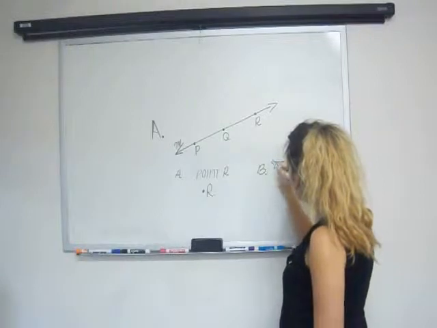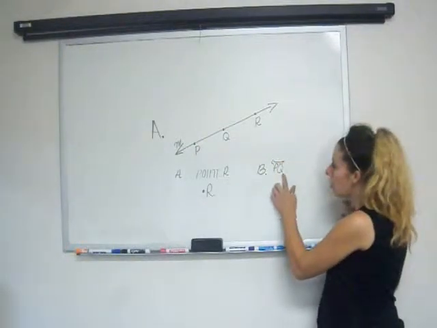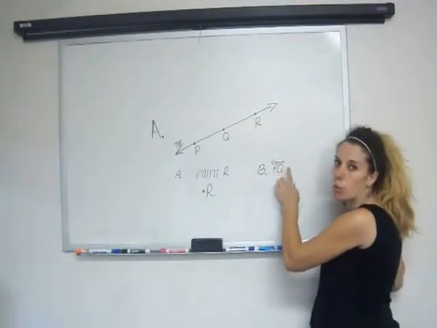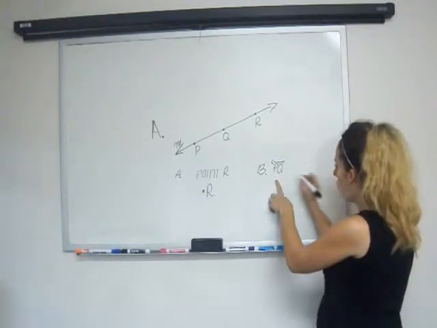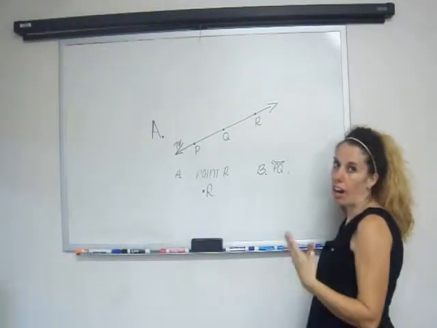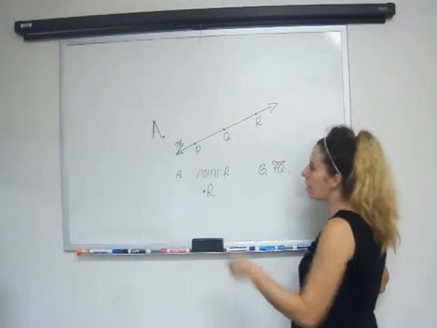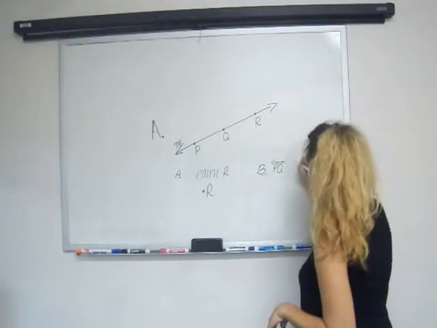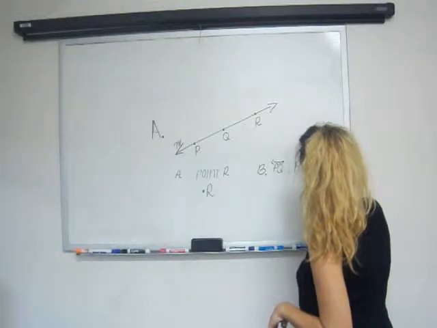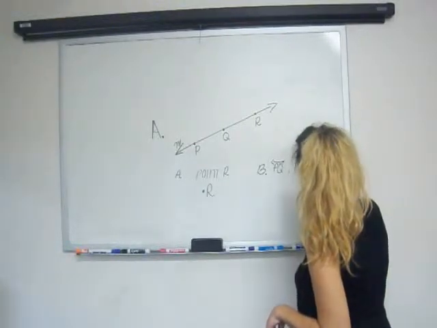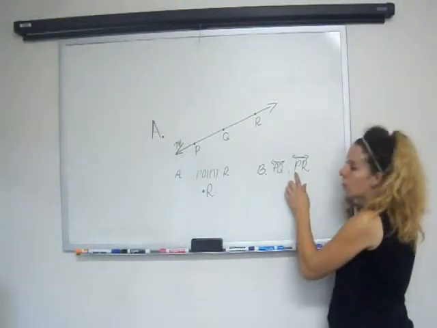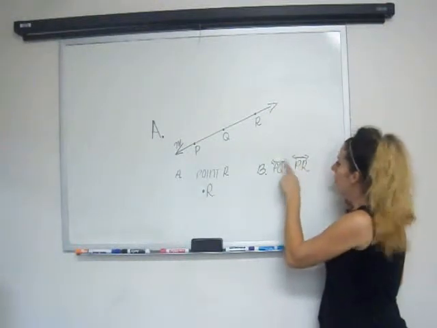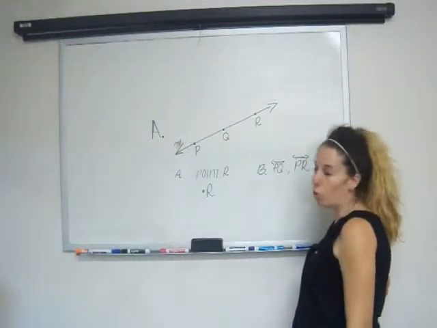Hopefully you guys can see this, but it says PQ with a line symbol right on top of it. Or, which I like this one better, we can name this line PR. And again, it just says PR with the line symbol over it, okay?